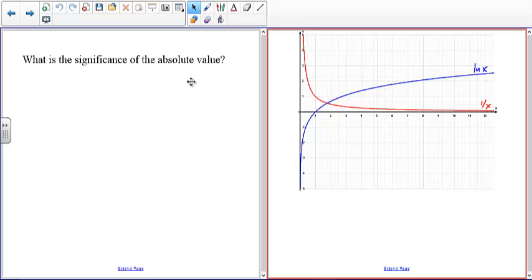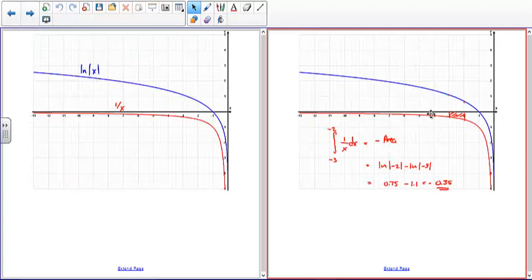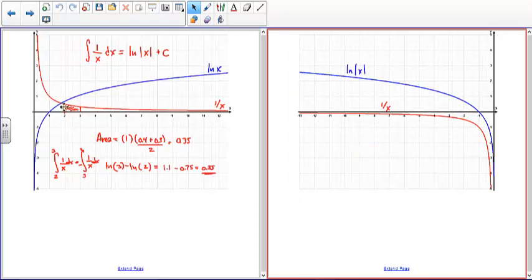What's the significance of the absolute value? We already talked about that. It was because if you look at the function on the negative side over here, you also have an area. And as long as you integrate from a more negative number to a more positive number, it should be negative because it's underneath the x-axis, whereas when we integrated on the positive side of the x-axis, we had a positive area.